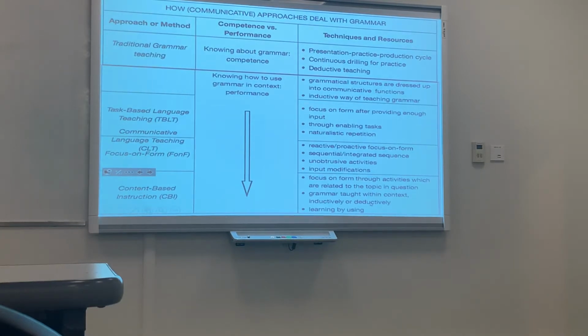Okay. The last one, the content base, is focused on the what? Content. The content, yeah? Okay. So focus on form through activities which are related to the topic in question. So whatever you are doing is related to what? A topic. For example, today I went to the KGs, okay? So the theme is about recycling.